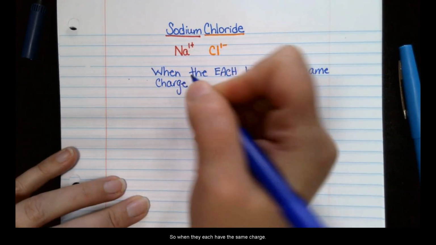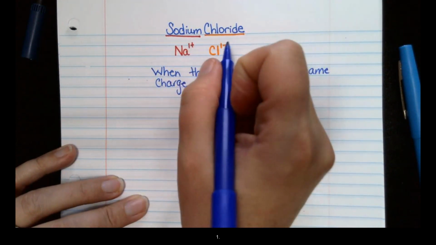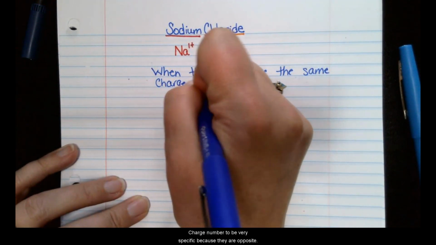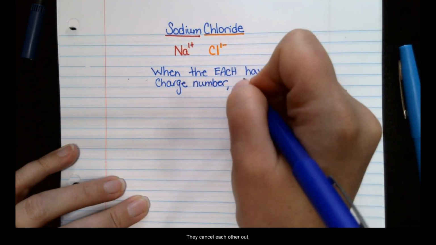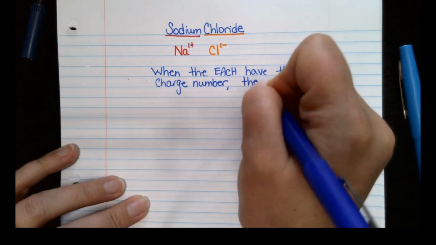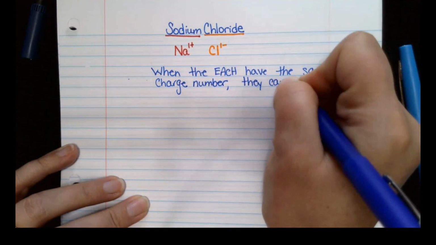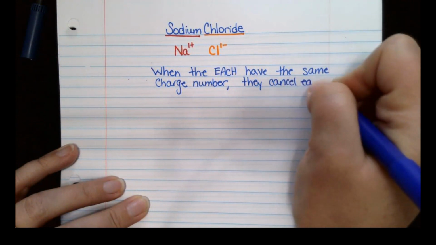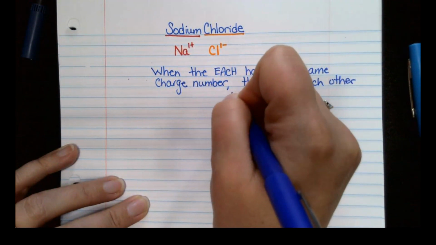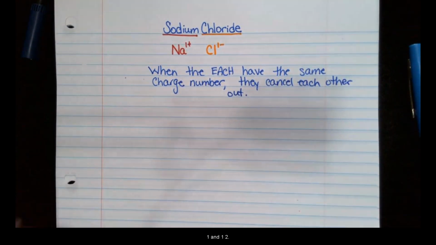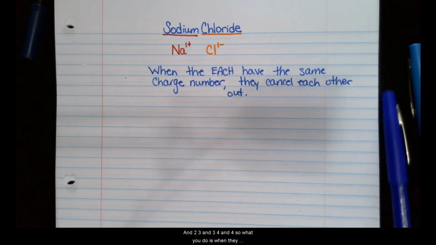so when they each have the same charge, 1 and 1, I'm going to write the charge numbers to be very specific, because they are opposite, they cancel each other out. This can be 1 and 1, 2 and 2, 3 and 3, 4 and 4.